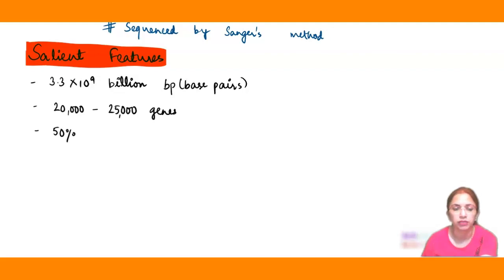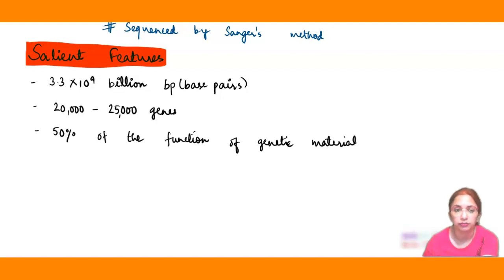It was also found out that 50% of the function of genetic material is unknown. That means for 50% of the genes, the people who dealt with it did not know their function; they were unestimated, their function was totally unknown.